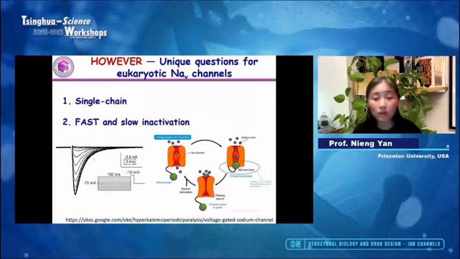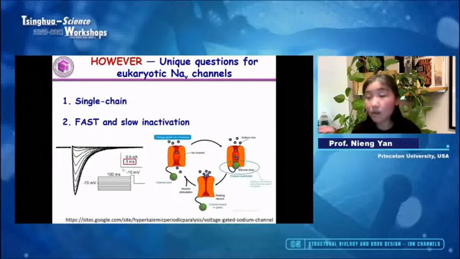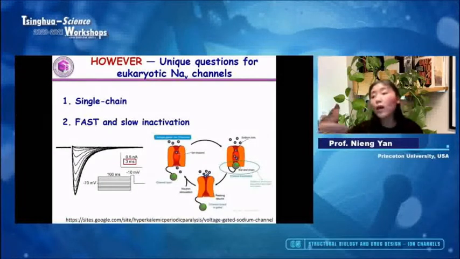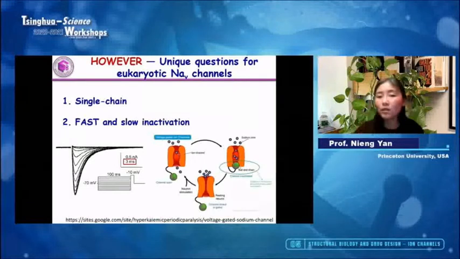So as shown here, this is a typical recording: once the channel activates, it can inactivate within just 1 millisecond. This is important to ensure, action potential is like a wave. This is important to ensure the repetitive occurring of the firing.